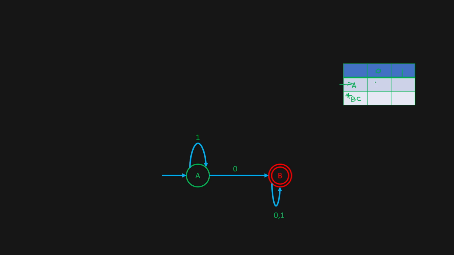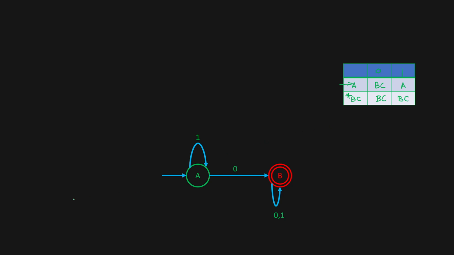Instead, we have got a new state called BC, so we'll write it here as BC. What about input 1? You get input 1 in state A, you go to state A itself. And in this new state BC, if you get input 0 or input 1, you are going to go to state BC. Why? Because it would go to either C or B, but since both states are combined, we'll go to the same state, that is state BC.